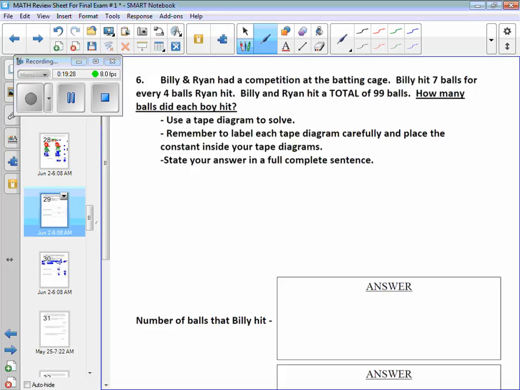We have modified this type of question so that you can use any strategy. You don't have to use a tape diagram because I remember you didn't, right? But you may have forgotten how to do it. I'm going to show it to you using a tape diagram. I still think that works the best visually.